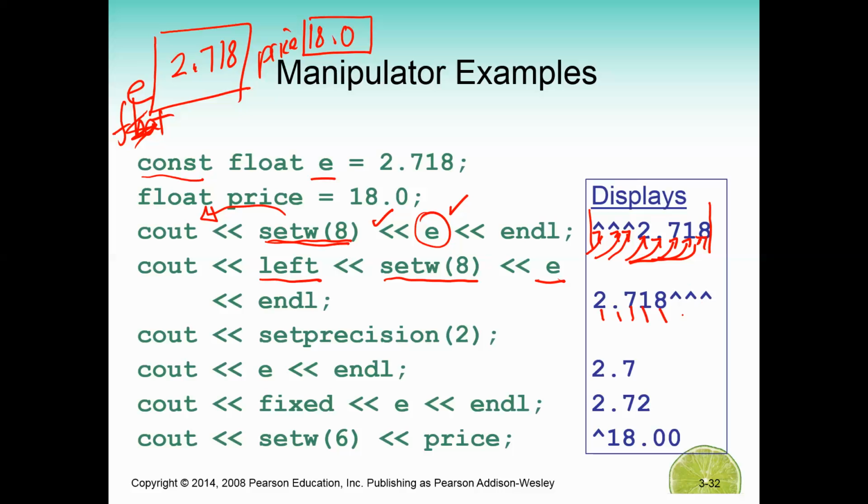So it's going to display space, space, space. So the padding now is going to be to the right. Then we're setting my precision to 2 and displaying the E.